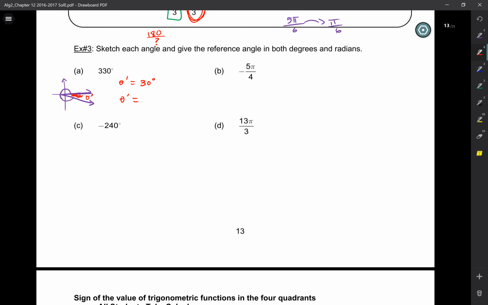So 180 divided by 6 is 30. So this is pi over 6. Okay? All right, so look. 180 divided by 6 is 30, right? Since 180 is the same as pi, pi over 6 would be 30. That's the shortcut to how to do it.